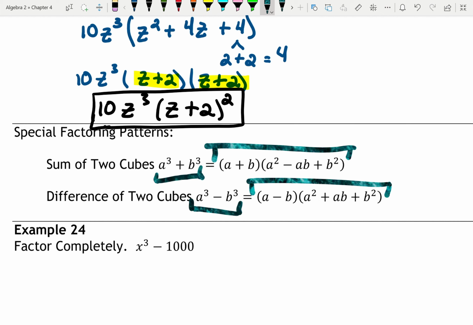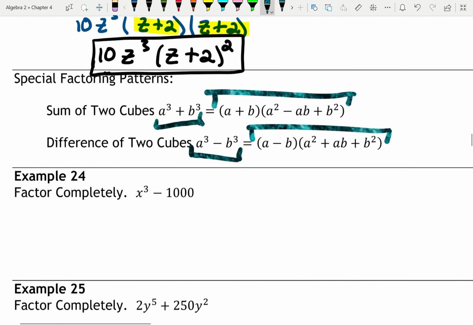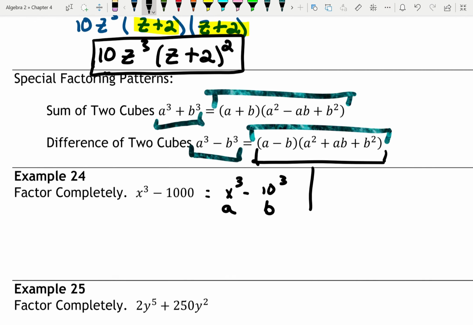Okay? Let's look at 24. At 24, it looks like there's a difference of 2 cubes. So this would be x cubed minus 10 cubed. So my a is x and my b is 10. So I'm going to use this formula right here for a difference of 2 cubes.